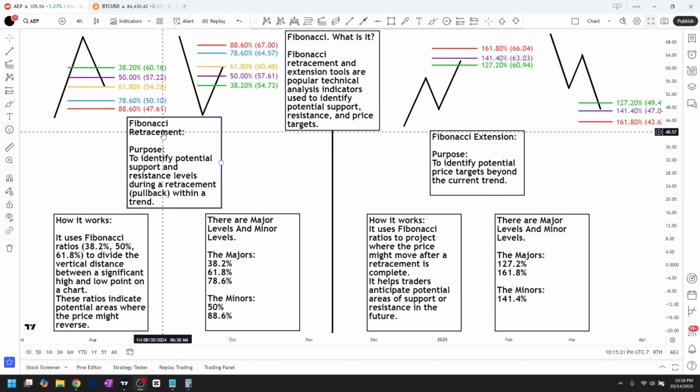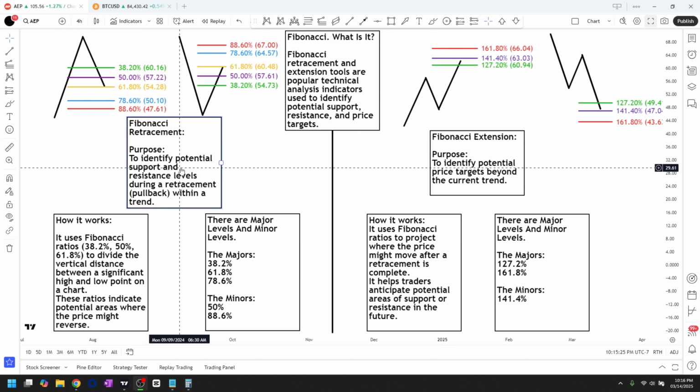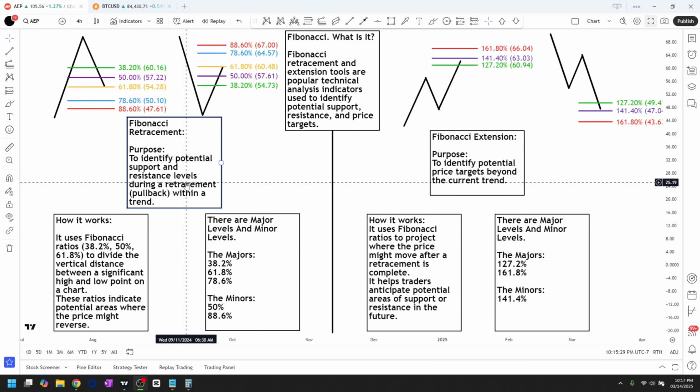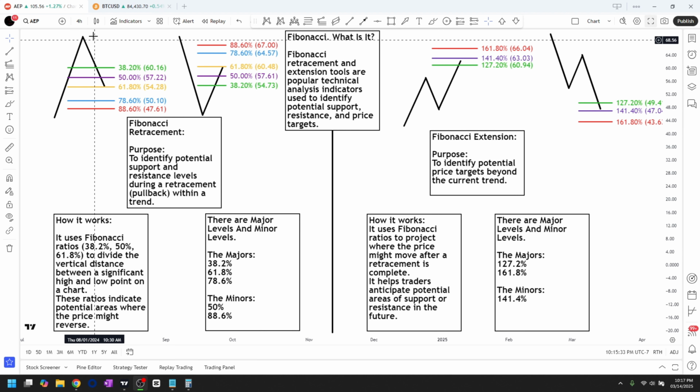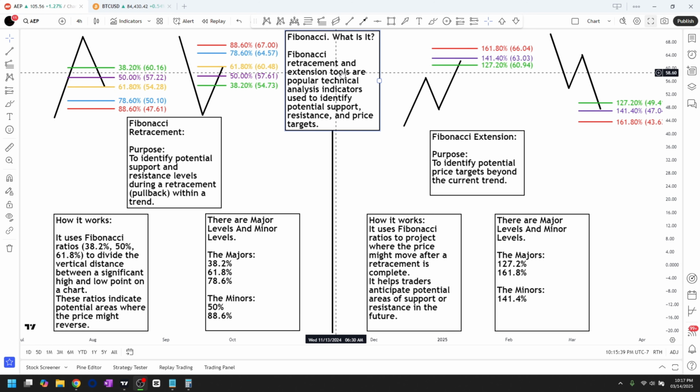A little bit more. The Fibonacci retracement, the purpose is to identify potential support and resistance levels during a retracement. So this is dealing with retracements, or pullbacks, corrections. You usually are going to want to know how much something corrected, because that's going to take us over to the extension side, because what happens on the retracement determines the extension.